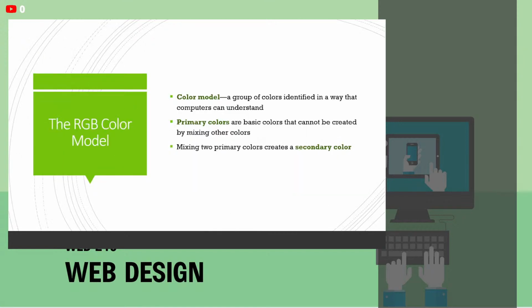So when we're working with digital color, what we're working with is called the RGB color model. That's RGB: red, green, and blue. It takes the things that we know about color that we learned in grade school and turns them on their head, because it's a completely different color model.